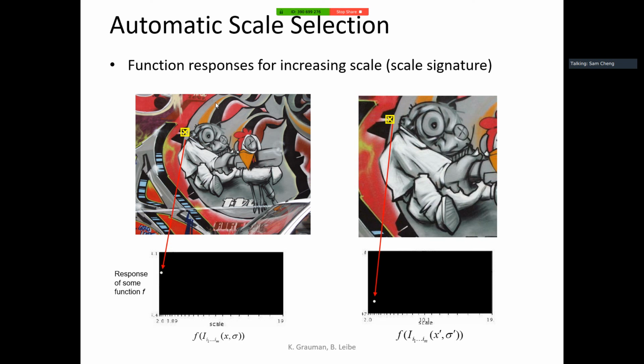So we consider a number of different scales, compute this F function at each scale for each point, and then see where the local maximum is. We only consider points that are a local maximum. If this maximum is beyond some threshold, then we say this is a potential key point.